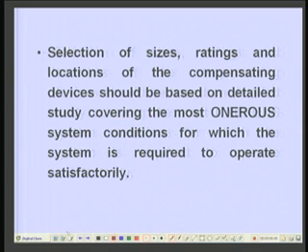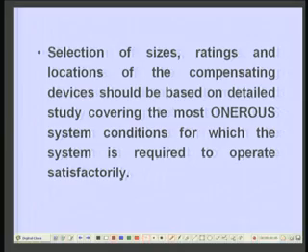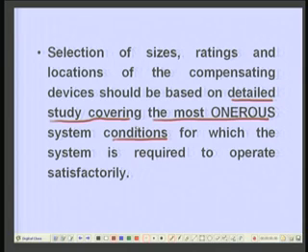In fact, here the selection of sizes, what should be the ratings, what should be the locations, all these things should be done by a detailed system study covering the most onerous system condition for which the system is required to operate satisfactorily.